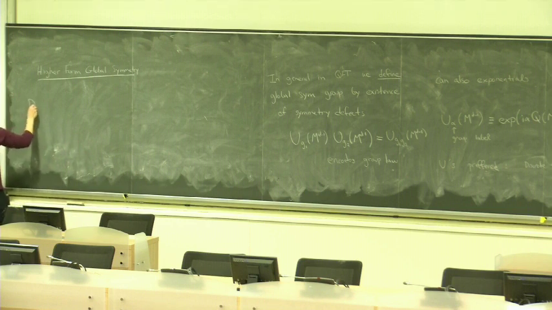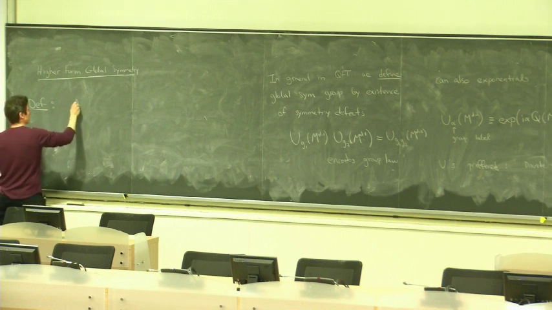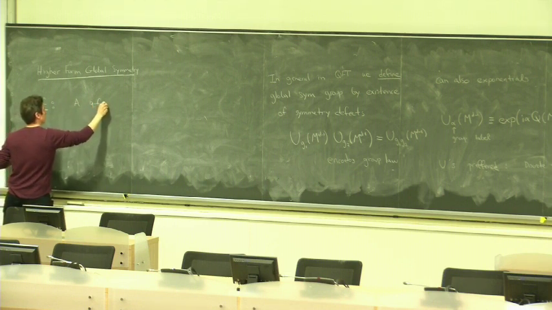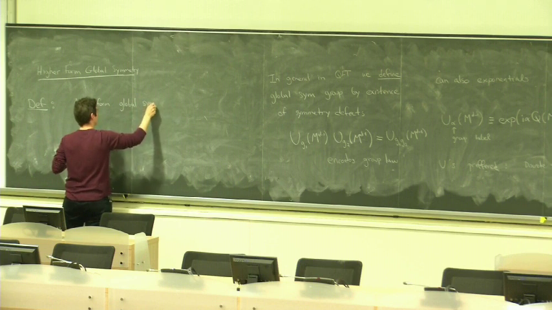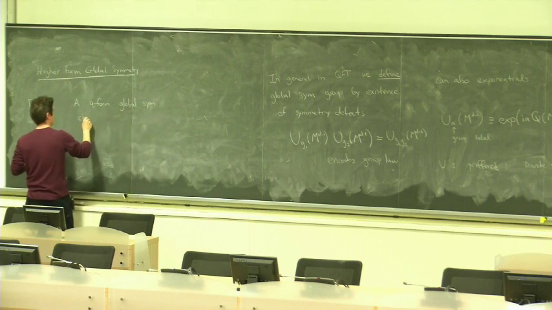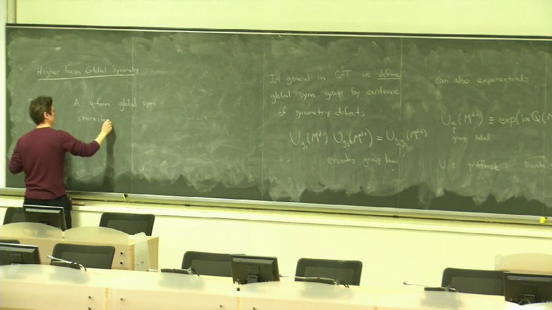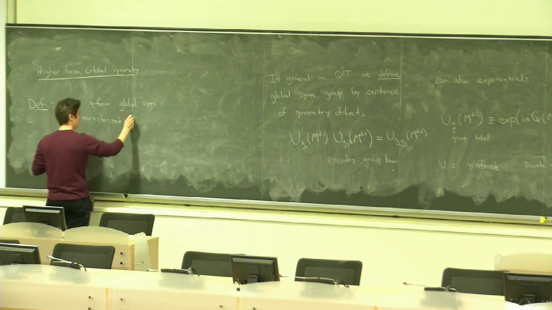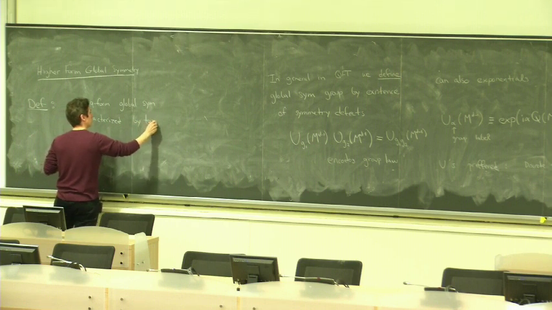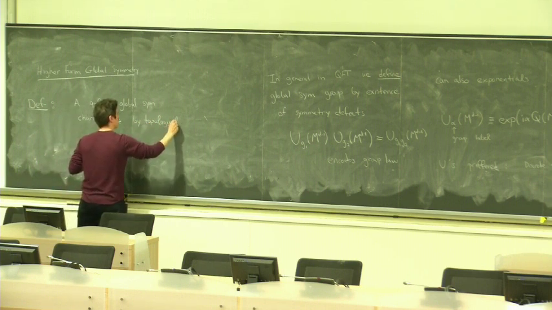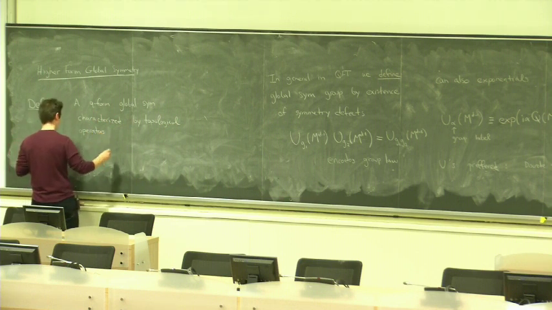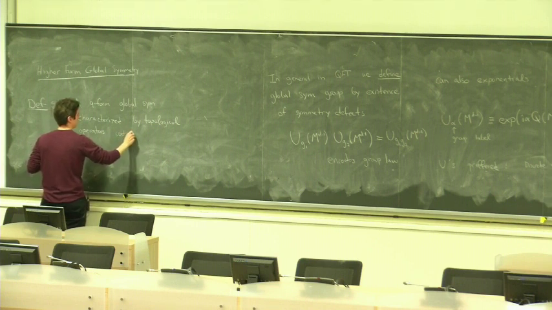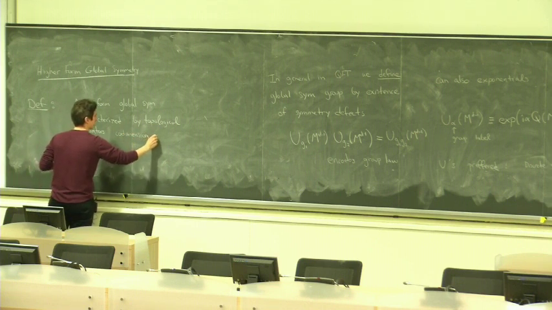So what's the definition? So we'll say that a Q form global symmetry is characterized by topological operators of codimension Q plus 1.